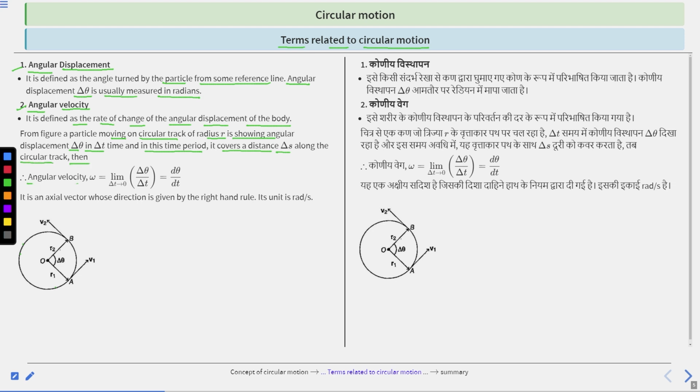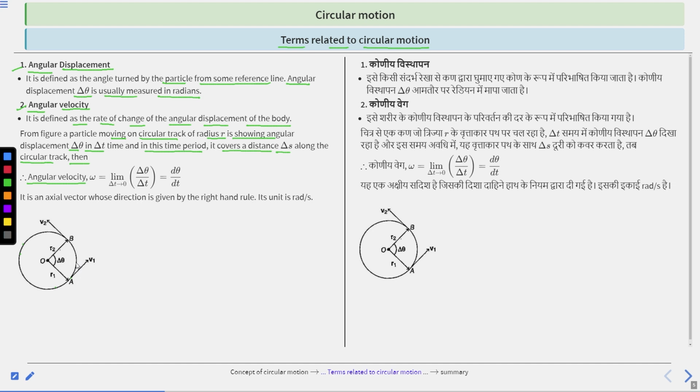So angular velocity, which is omega, is equal to limit delta t approaches 0, delta theta divided by delta t, which is equal to d theta divided by dt. In this diagram, this is radius r1 and this is radius r2. A particle at position A moves along this circular track and covers this path.